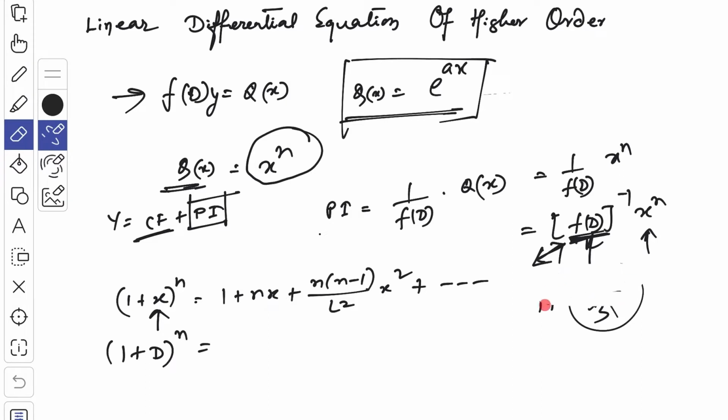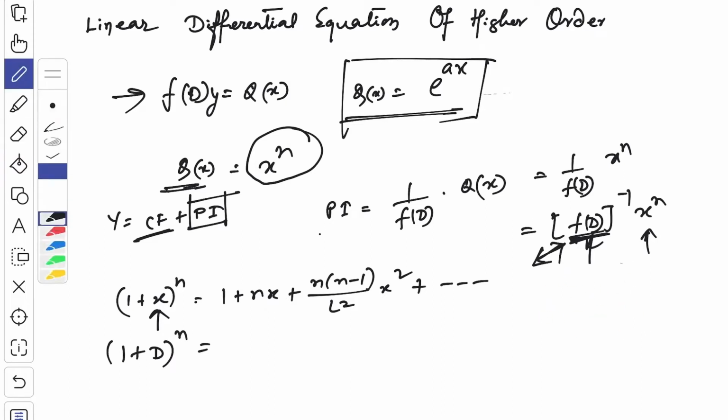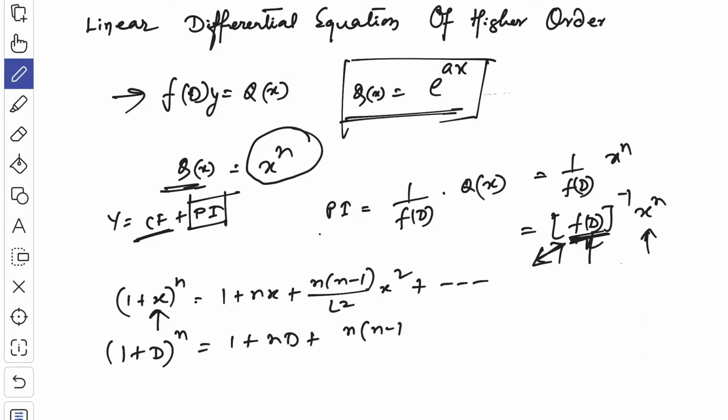Now here you see one more thing. If you expand in this way, 1 plus n into D plus n into n minus 1 by factorial 2 D square and so on, we are not going to take all the terms that will be obtained in this binomial expansion.